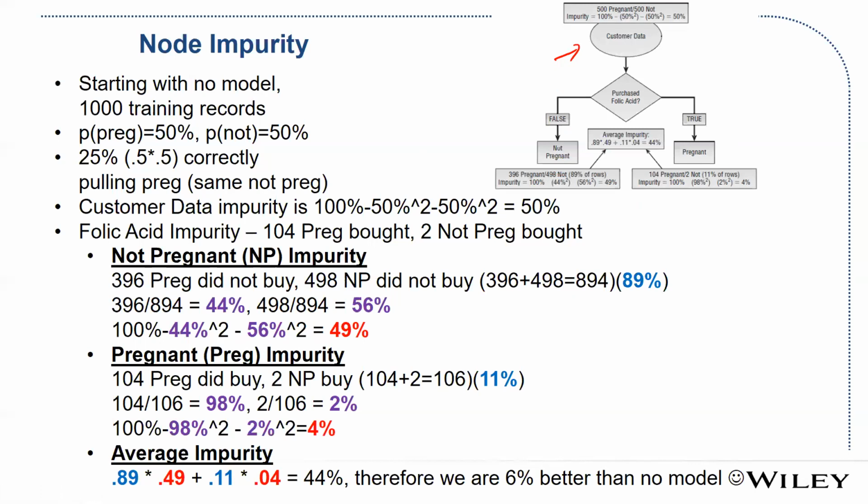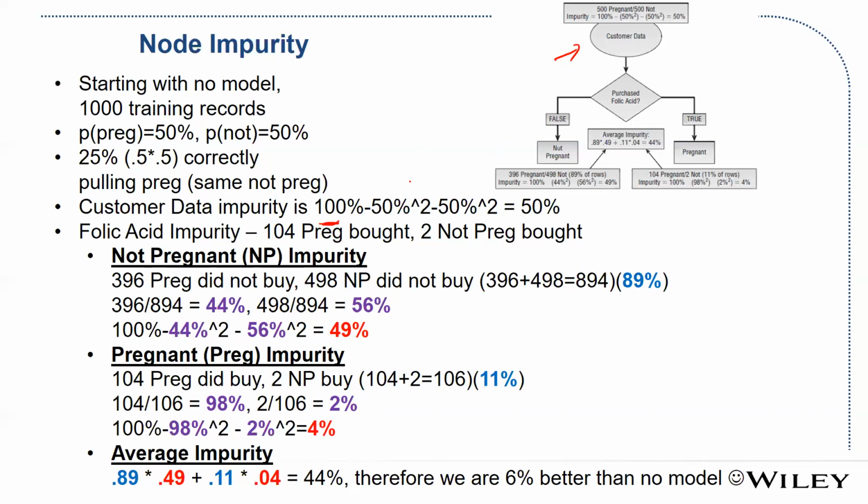So if you look at this, you have a 50% chance that they're pregnant, and 50% of the time you'll be right, and 50% of the time you'll be wrong. So that's going to be 25%. You have 0.5 times 0.5 for pregnant, and you're going to have 0.5 times 0.5 for not pregnant. So you have 100% minus the 50% of pregnant, and of those, you're going to get 50% of those right.